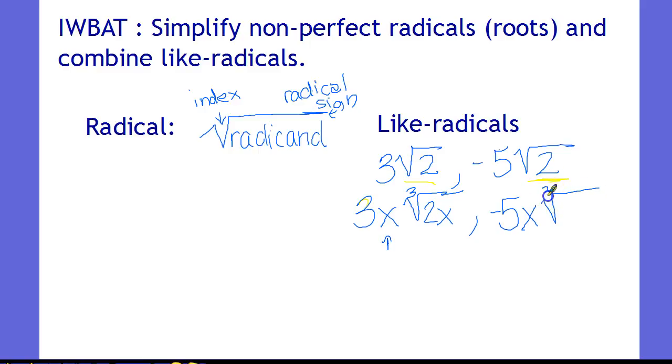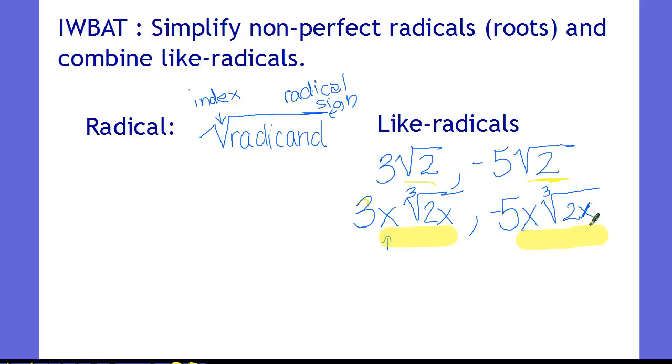In order for these to be like radicals, they have to match after the coefficient, and that should be an x there. It just didn't want to write for me. So they have to match after the coefficient. Your variables have to match all the way across in order for me to combine those radicals and for them to be considered like.